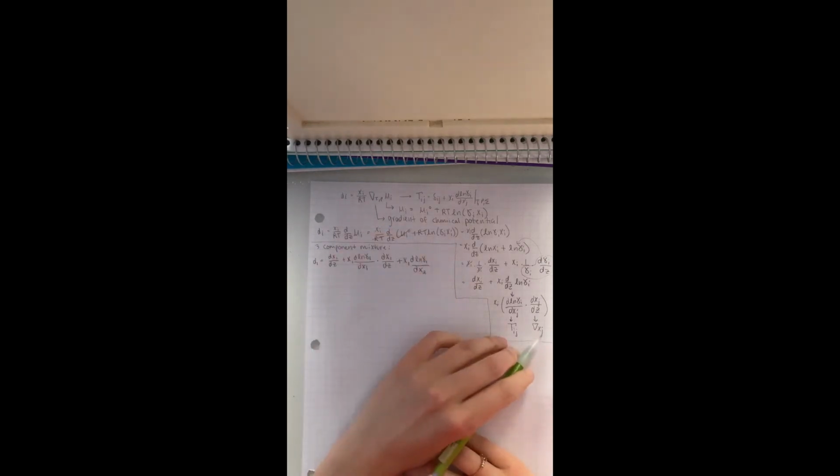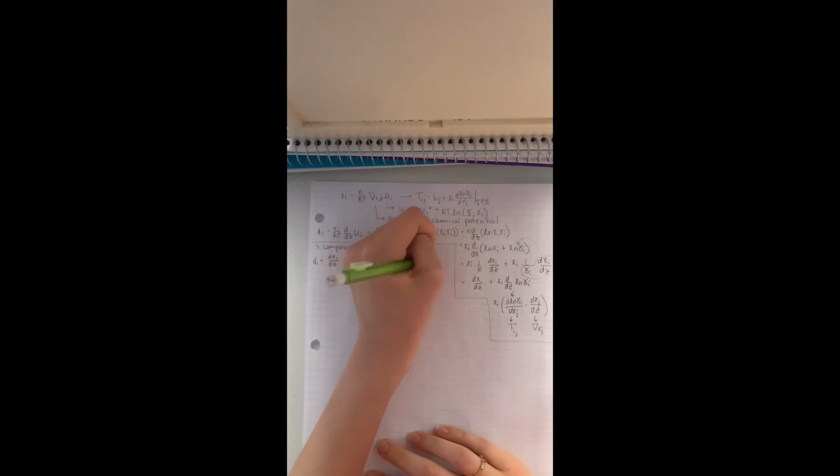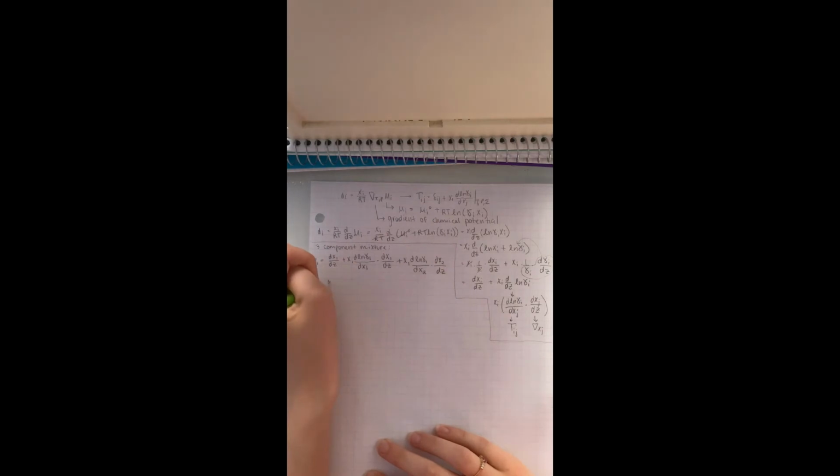So we change J to 2 times the change in the mole fraction of component 2 with respect to position, plus the mole fraction of component 1 times the change in natural log of activity coefficient of component 1 with respect to component 3, mole fraction of component 3 times the change in composition of component 3 with respect to position.